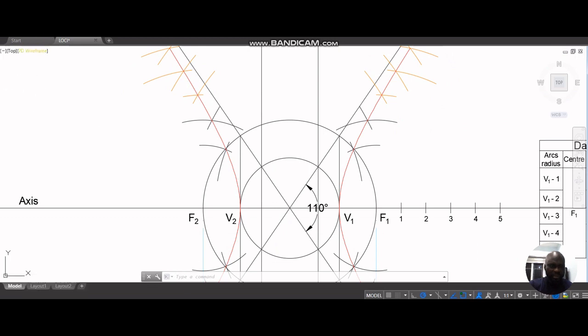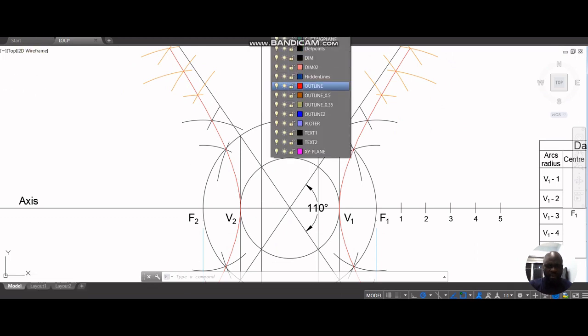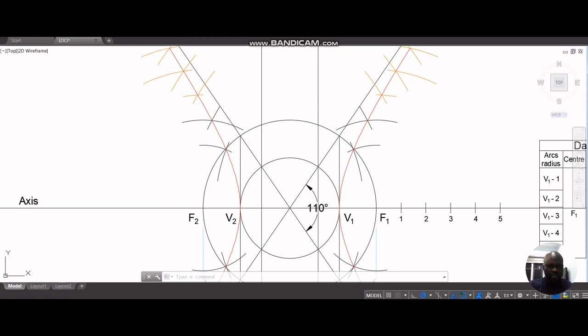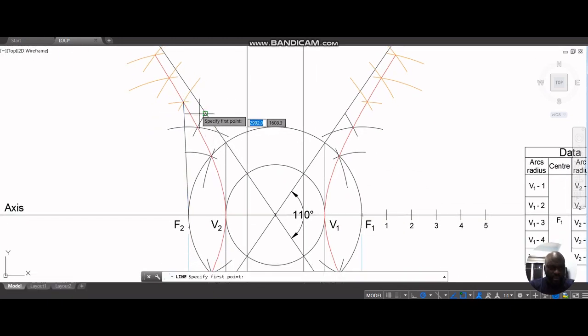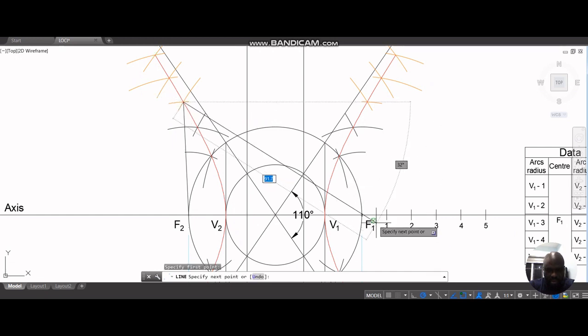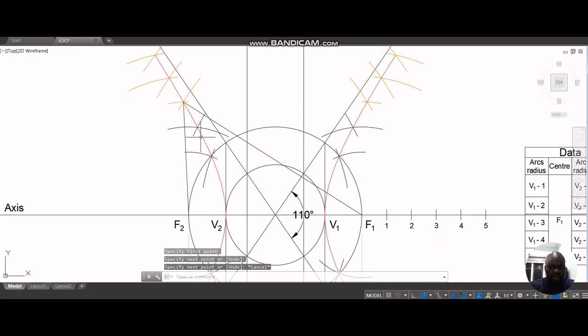The method is to locate the two foci and join them to a desired point. Let's assume I'm looking at this point here. I would take this line, any point, I'll choose that point, and I'll connect this to F2. Now I'll bisect this angle.